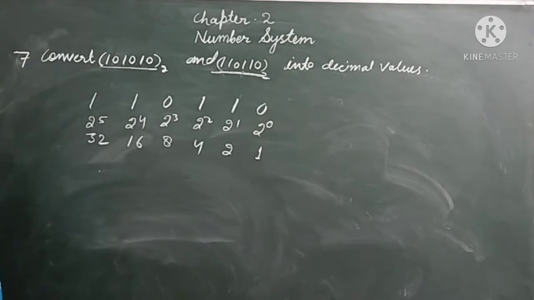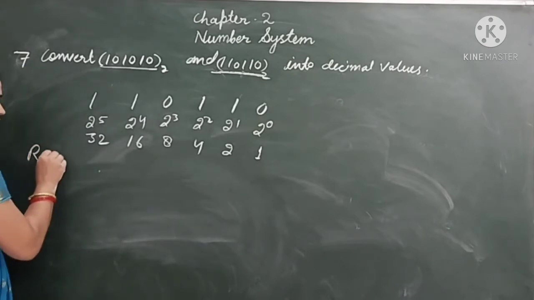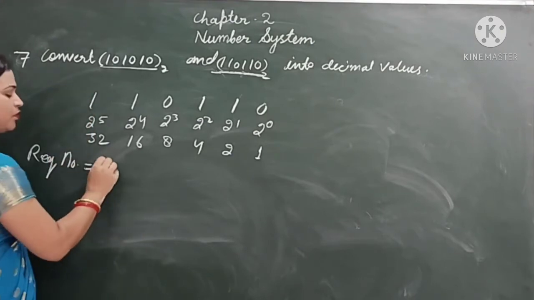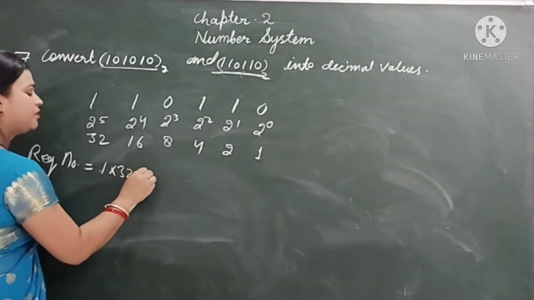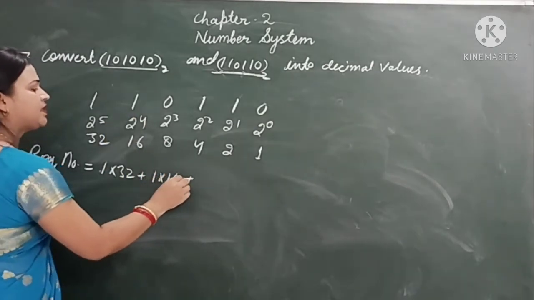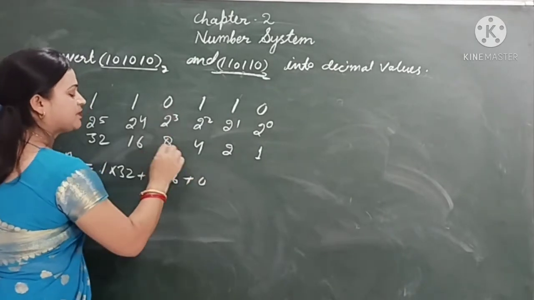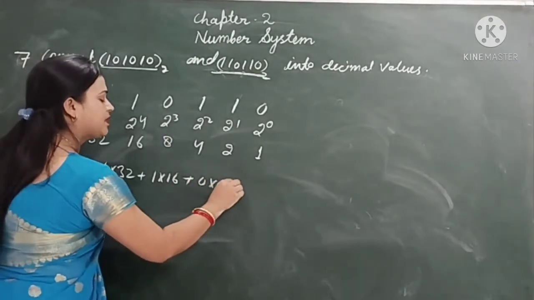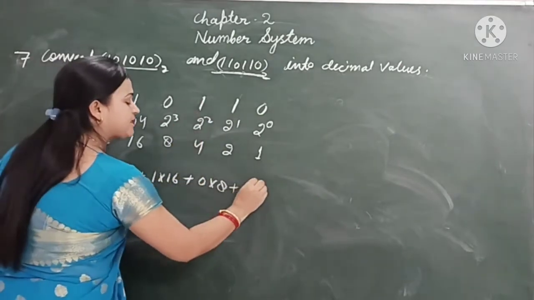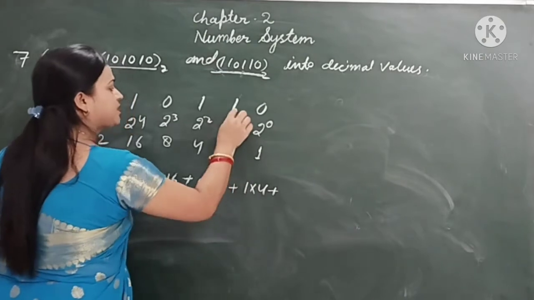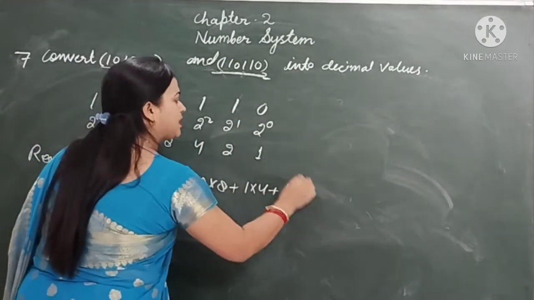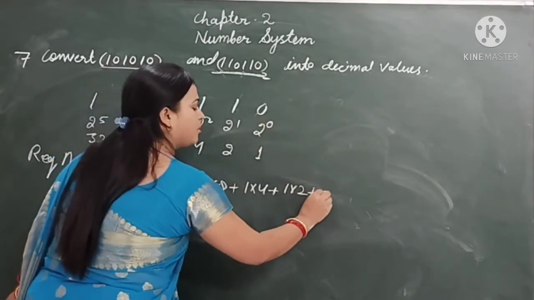Now the required number is equal to 1 into 32 plus next number 1 into 16 plus 0 into its place value 8 plus 1 into its place value 4 plus next digit 1 into its place value 2 plus 0 into 1.